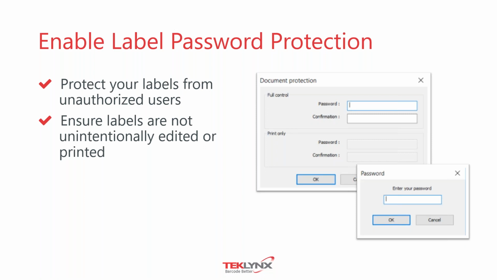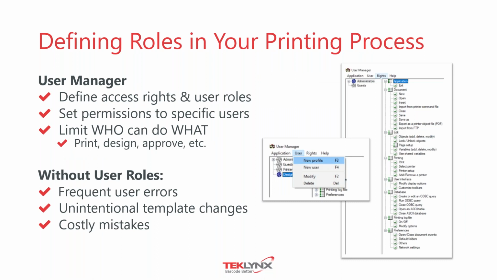Now, a step up from here is going to be User Manager. So you're actually defining access rights and user roles. Like I said earlier, it is mirroring Active Directory, where we will create groups, and you're assigning permissions to the groups. And then any user accounts on the local machine or your Active Directory domain controller, you can just add those to the group.